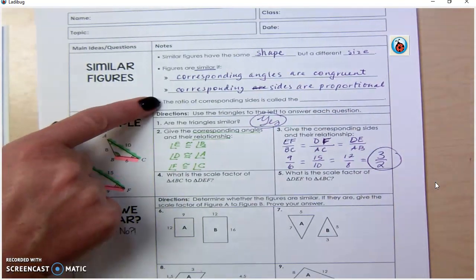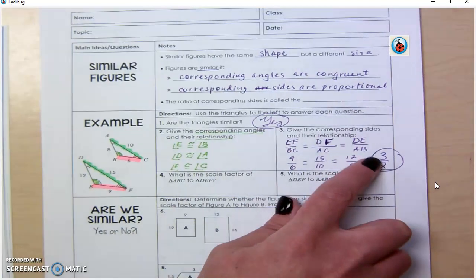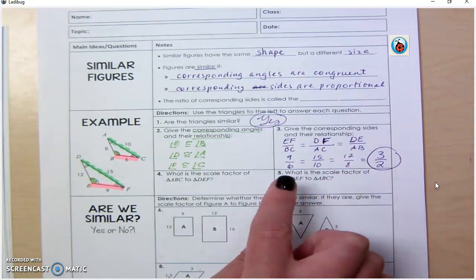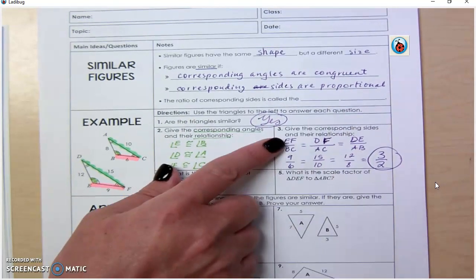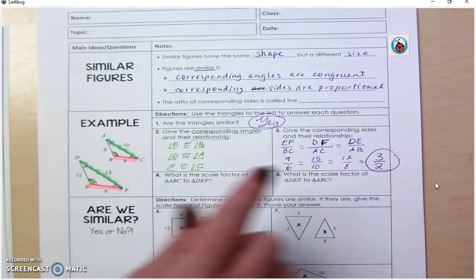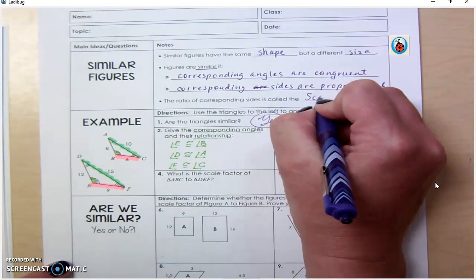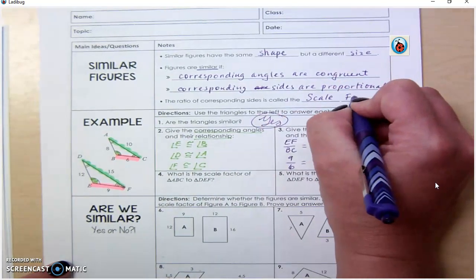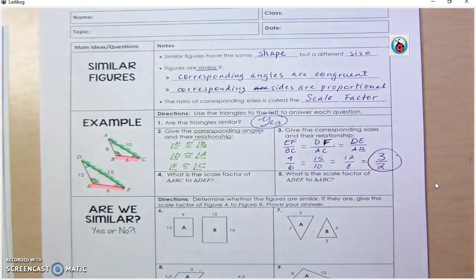We're going to go back, guys, to the beginning of our notes and talk about the ratio of corresponding sides. So we've talked about this earlier, just a second ago. We have set them up in a corresponding relationship. We have reduced our measurements, and we came up with the ratio of corresponding sides. What we determined, guys, is the scale factor. So hopefully you guys are remembering that the factor has to do with a multiplicative relationship. So we're multiplying.